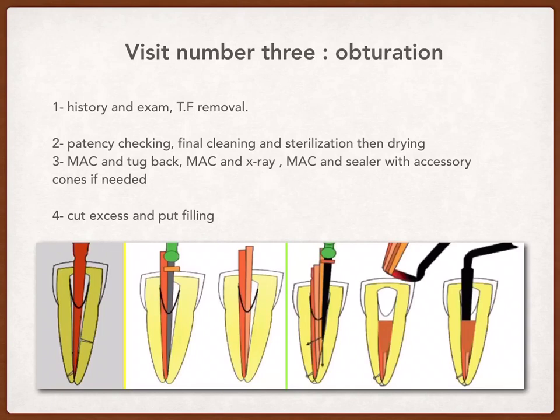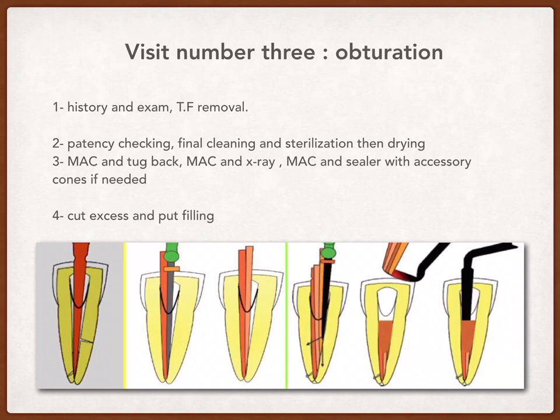After that, we cut the excess at the level of the canal orifice, and then we put the permanent filling over them. Not directly, but we should put a glass ionomer cement, then the permanent filling.